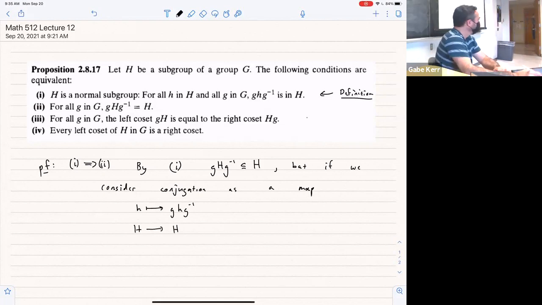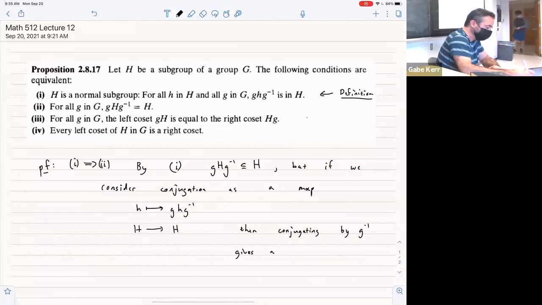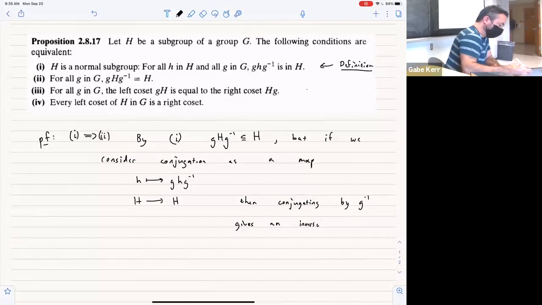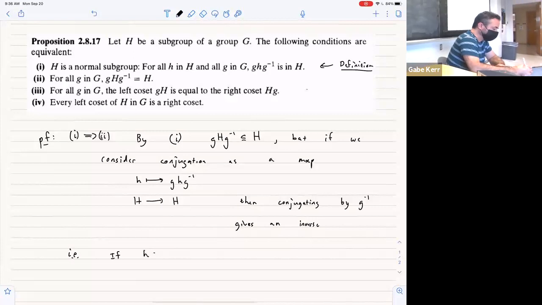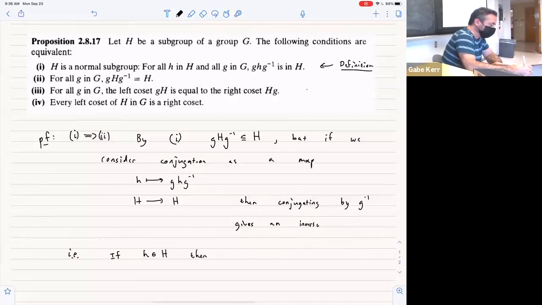Now then there's an inverse map, right? There's an inverse map. Conjugating by g inverse gives an inverse. And what this means is, so the point is that this gives you the other inclusion. So because you have an inverse, you can say, well, if h is in H, then so is g inverse hg.